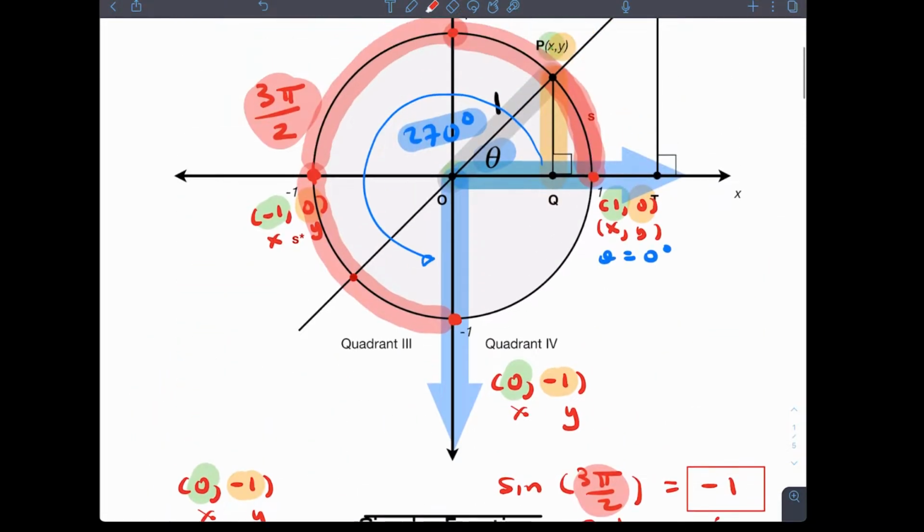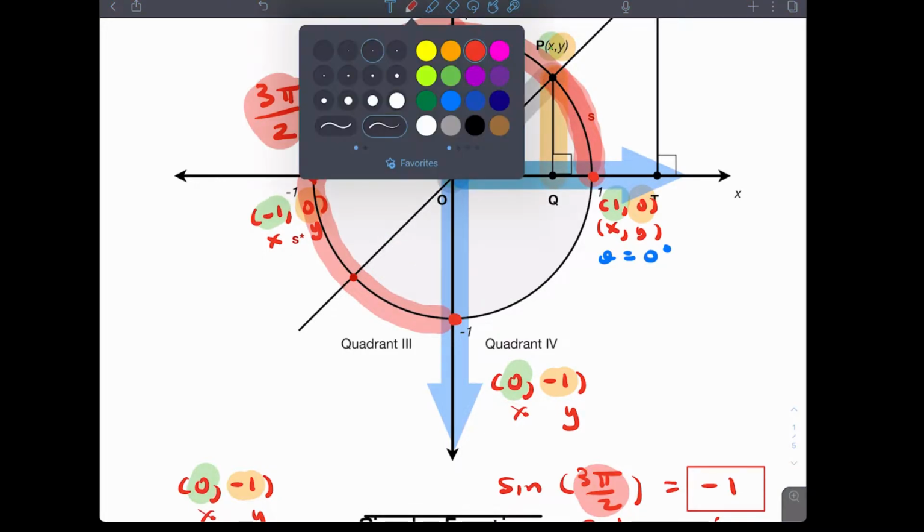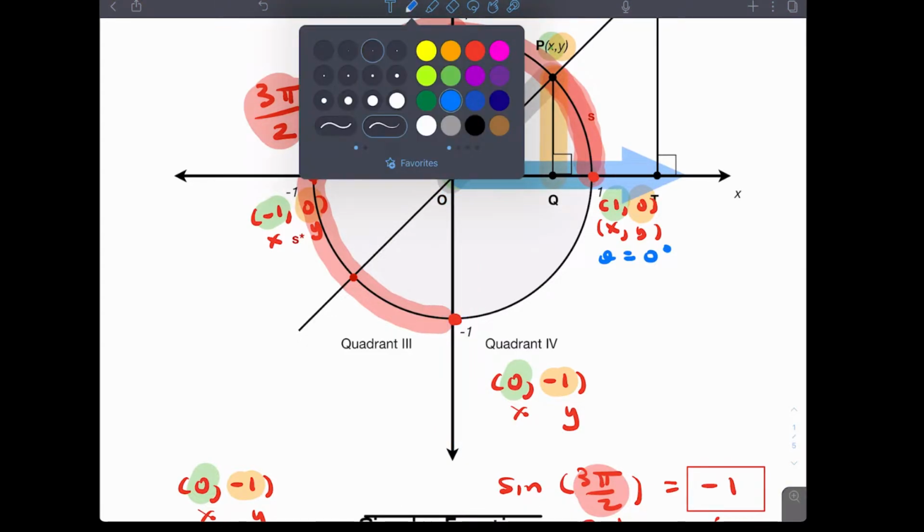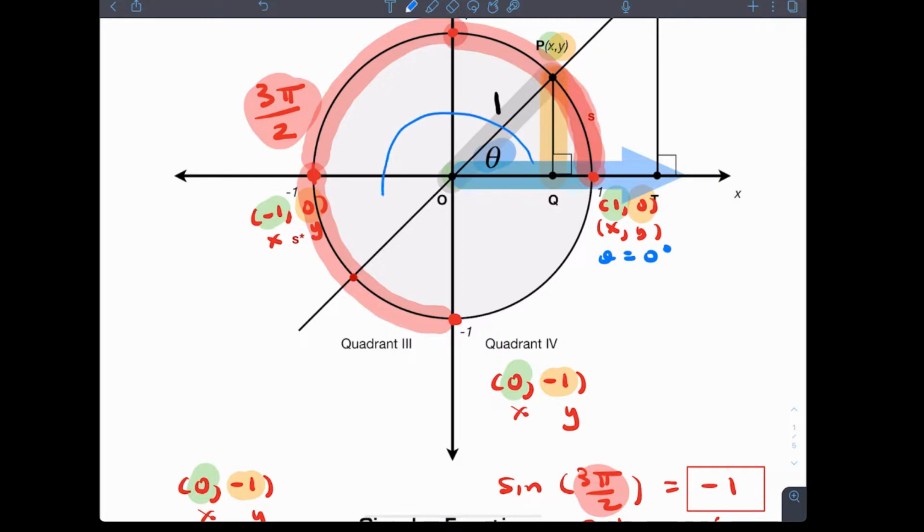And then, ladies and gentlemen, what if we rotate another 90 degrees? And you go, what do you mean? Yeah. If we rotate, what do we say? This is 360 degrees, right? 270 plus 90, is that 360?